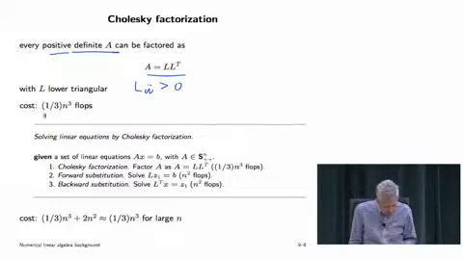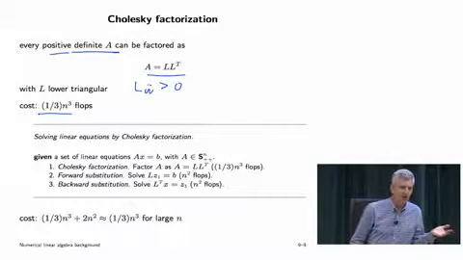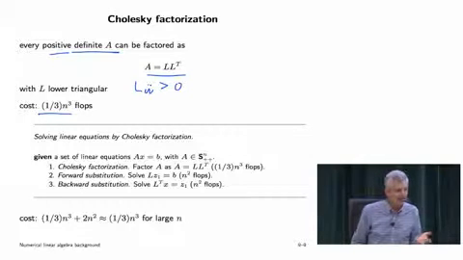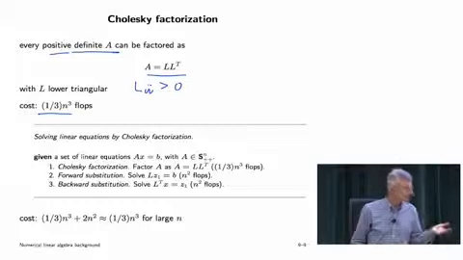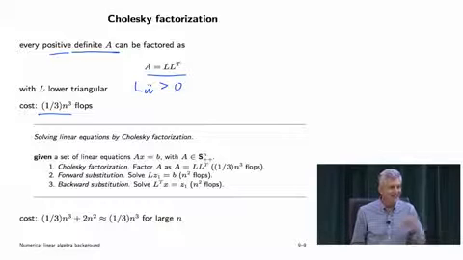As a practical matter, it just works. In this case, the cost is 1/3 n cubed. And the difference between 2/3 and 1/3 is like zippo in current machines, where cache misses are way more important than some factor of 2. But you save because you don't have to calculate separately an L and a U. You're just calculating one L.